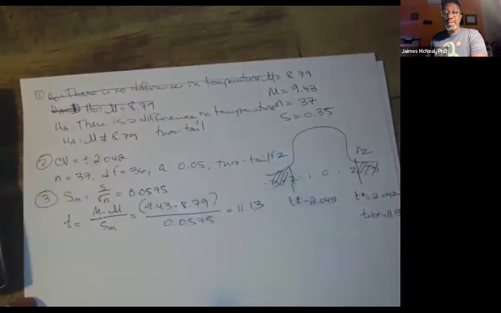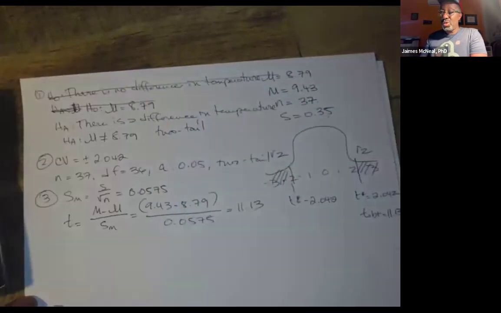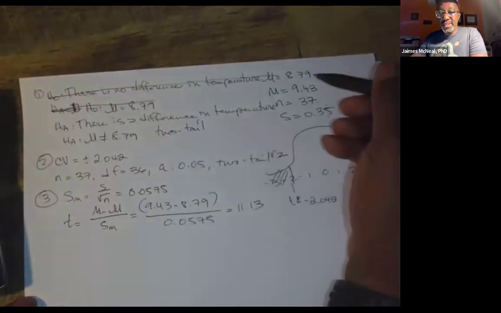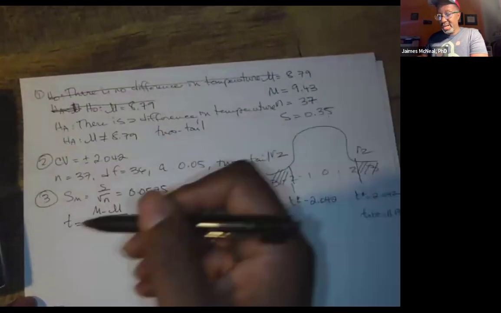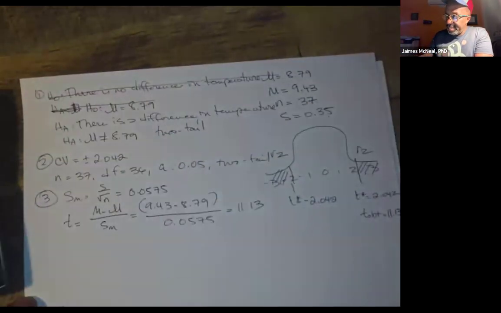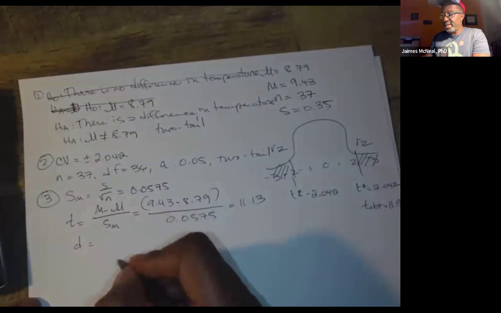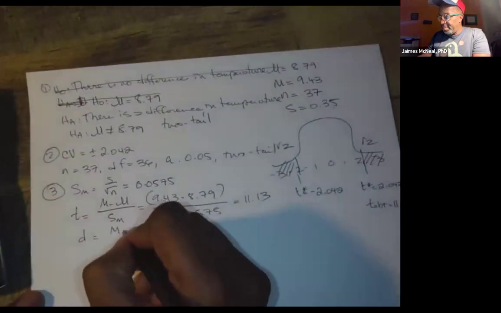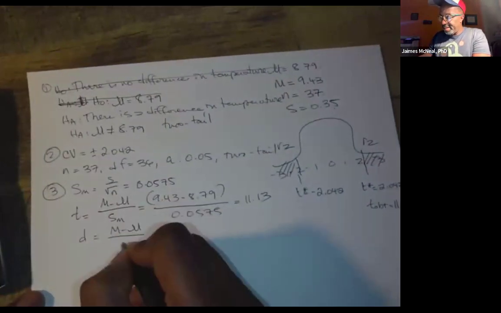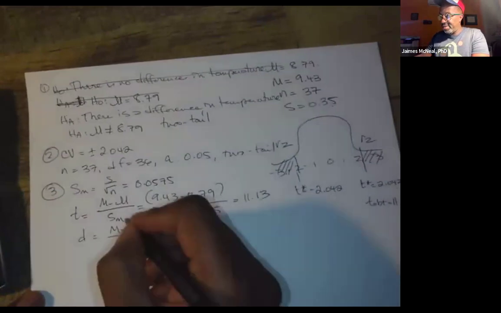This sample did not come from a population whose mean is 8.79. This mean is higher than 8.79. But let's see what the effect size is. The Cohen's d is mean minus mu, but this time divided by standard deviation, not standard error.